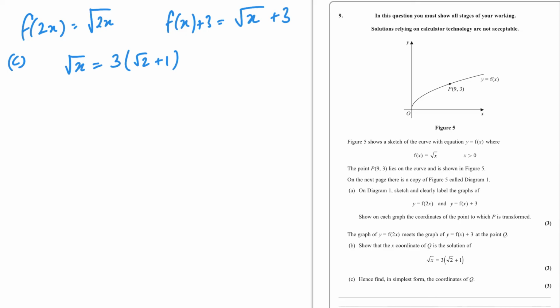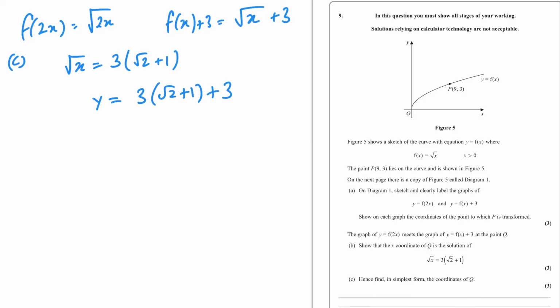Now finally we need to find the coordinates of Q. So the easiest thing to do is think of substituting this into one of my equations. Now looking at both my equations, if I look at this one, I've already got a root x plus 3, so I can substitute this in to find that value of y. So my y value would be 3 root 2 plus 1 plus 3.